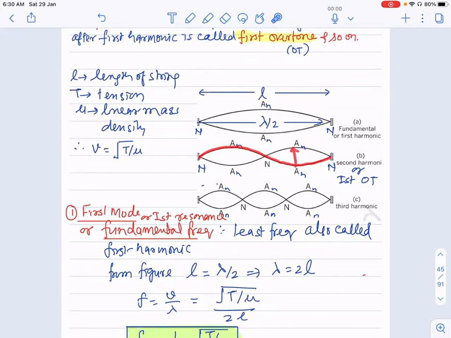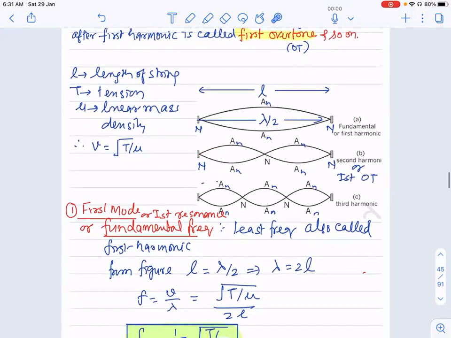Then this will go this side, this will go this side, then it will be like this. Since it is oscillating very fast, the camera doesn't pick up one particular position. It appears as a loop. If you further increase the frequency, 3 loops are formed. So this is called fundamental or first harmonic, second harmonic, third harmonic, and so on.